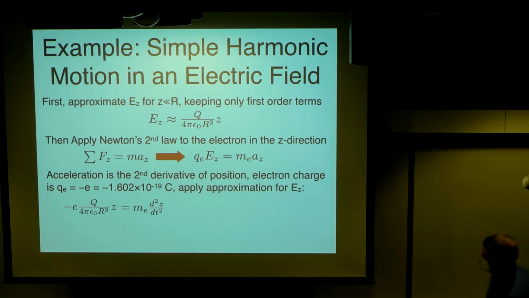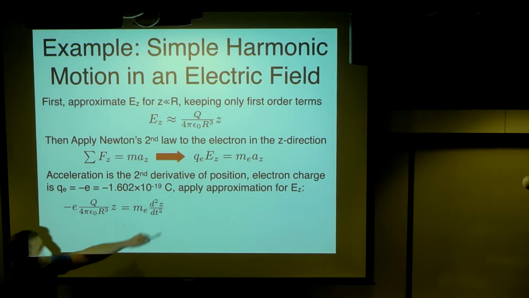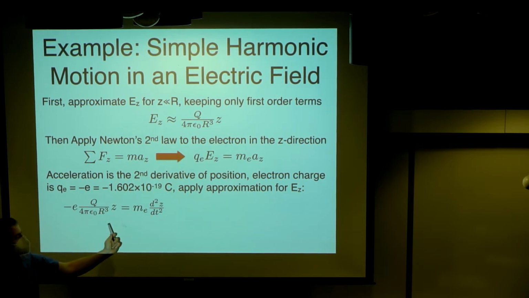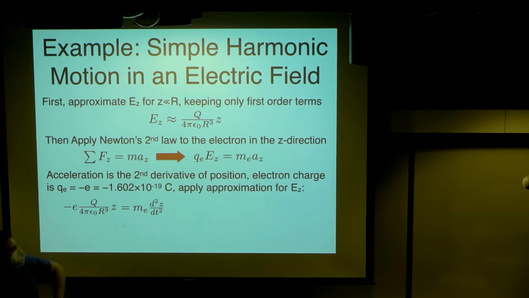So what do we have? For the charge, we put in minus E. For the electric field, we put in the expression that we derived right here, okay? Which has a z in it. Then on this side, we have the mass of an electron, which I'm going to write as me. And for the acceleration, I'm substituting the second derivative of z with respect to time, okay?